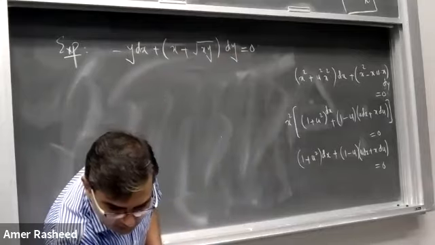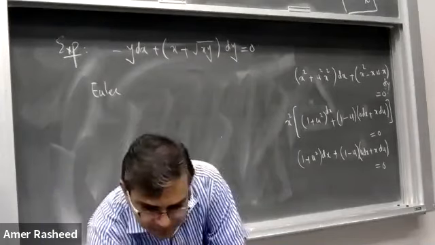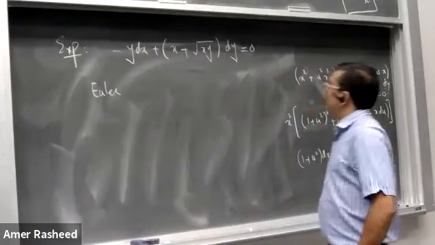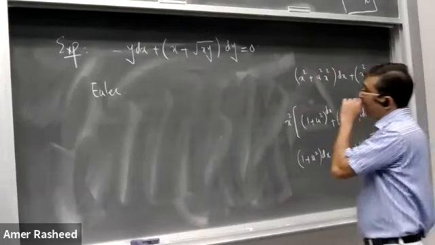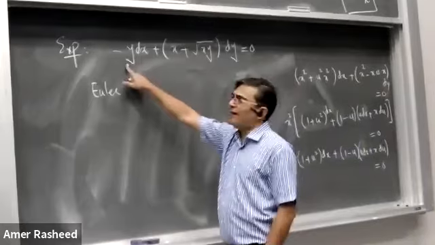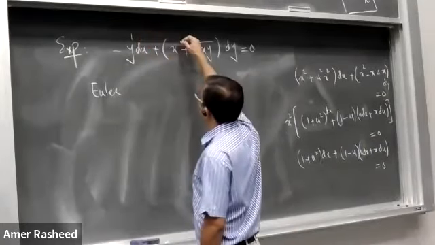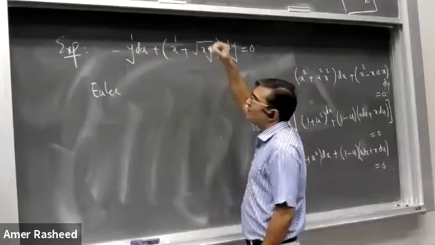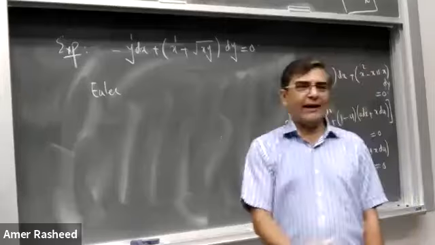Now, in this equation, y has degree 1. Here the whole term has degree 1. Here, what is the degree? The inside is degree 2, and the square root makes it 1 again.